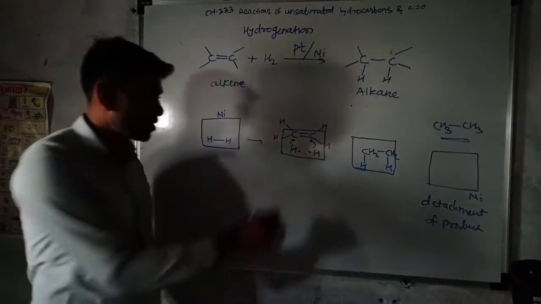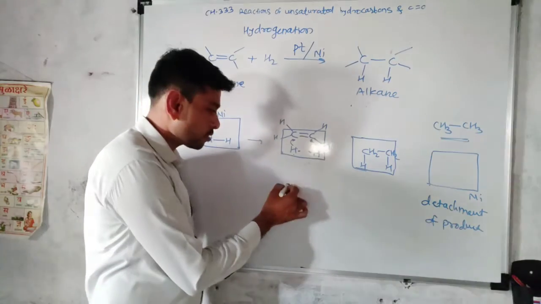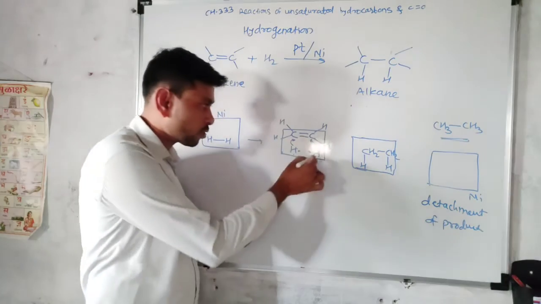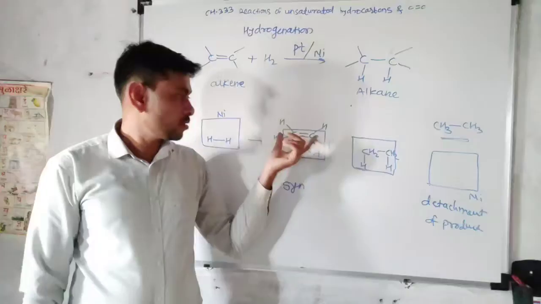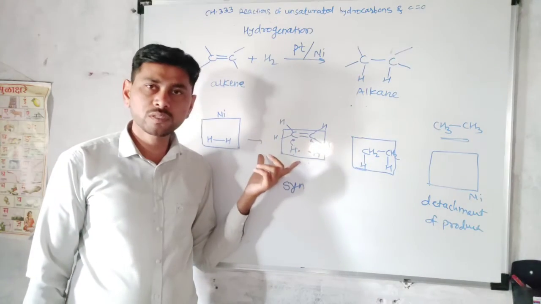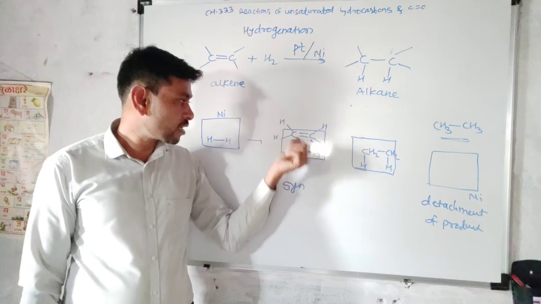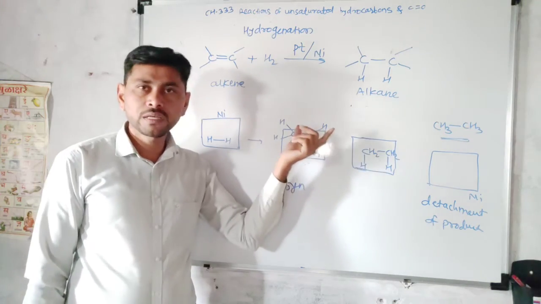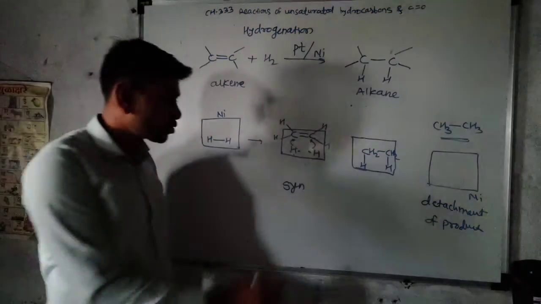Due to this attachment, the addition is again syn addition, because the hydrogens and the carbon-carbon double bond attach to the same surface, and that's why the hydrogen addition from the same side takes place, and cis hydrogenation occurs.